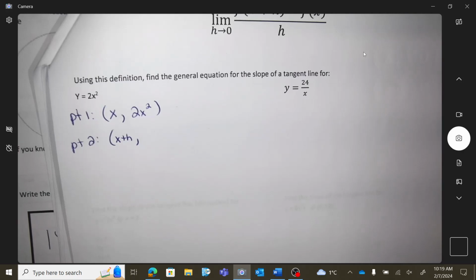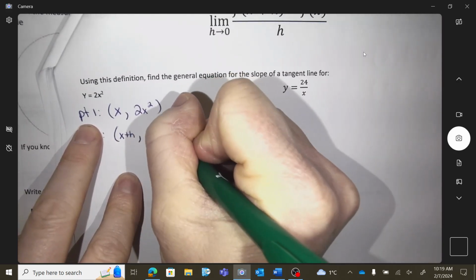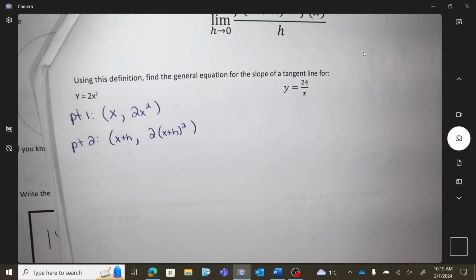Because we want the second point to be a little bit of space away, comma 2x plus h squared. So the original uses an x value, the second point uses an x plus h value.